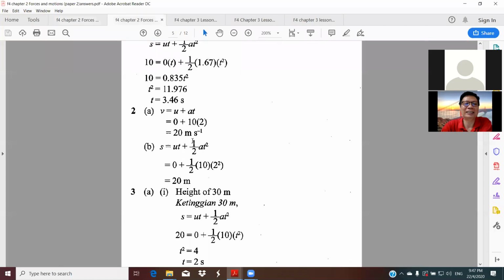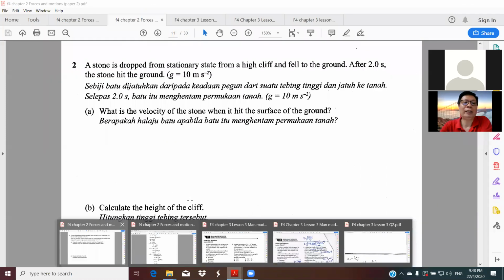Let's take this formula. Final velocity before the stone hits the ground. Initial velocity is 0 because the stone initially in the sky is not moving. Acceleration a is 10 because it's gravity; coming down, the acceleration is gravitational acceleration. Time 2 seconds, we get 20. Very simple, straightforward, right? Next, calculate the height.